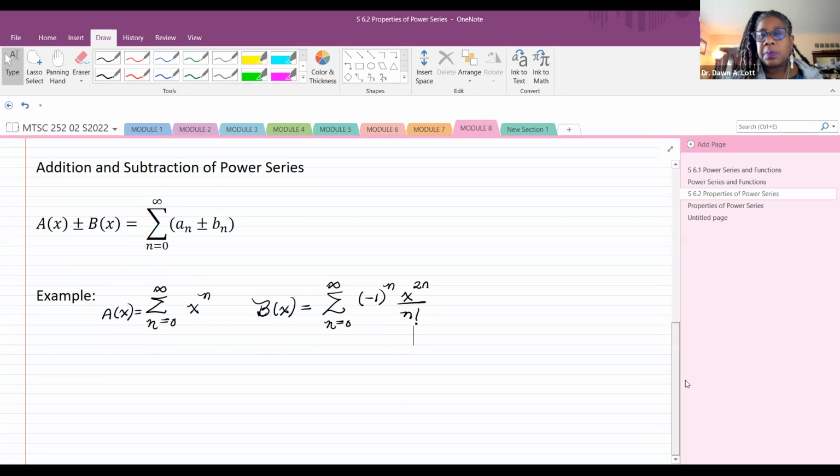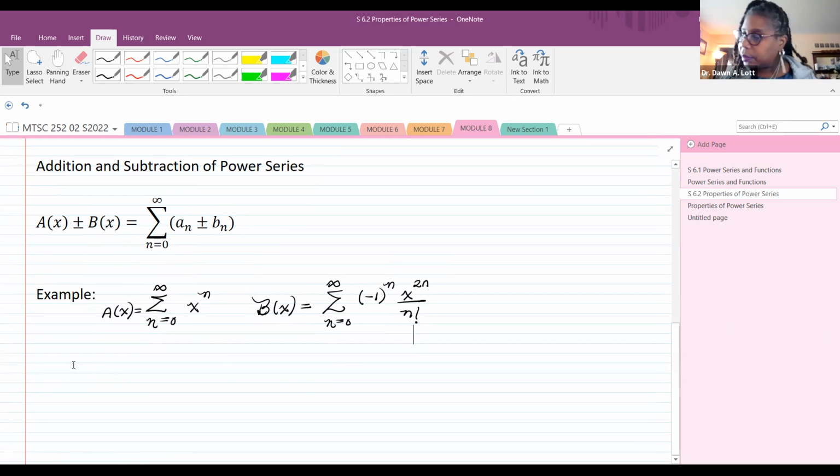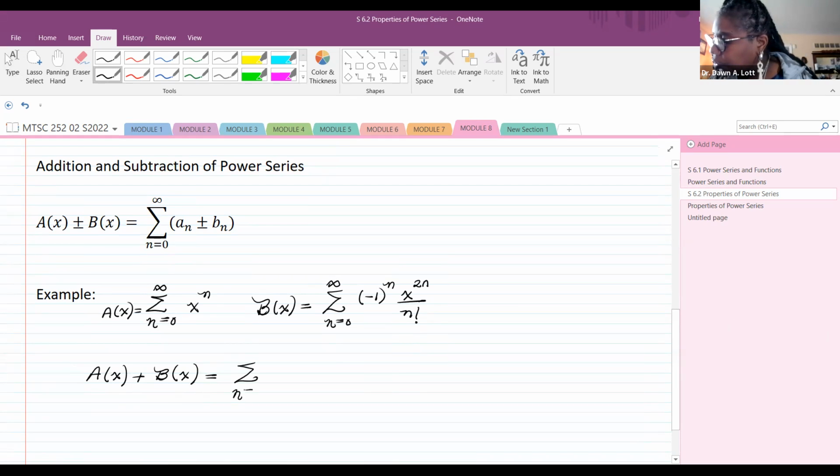All right, so we can add these together and get a of x plus b of x, which is the sum n equals 0 to infinity of x to the n plus minus 1 to the n x to the 2n.